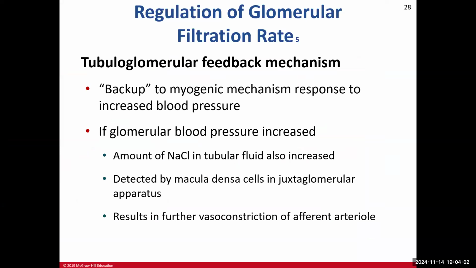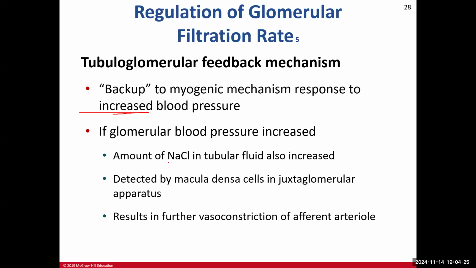So our backup system is our tubuloglomerular feedback mechanism here. Now, this is going to be for increased blood pressure. So what we're going to see is, when the blood pressure increases here, we're going to see more salt.